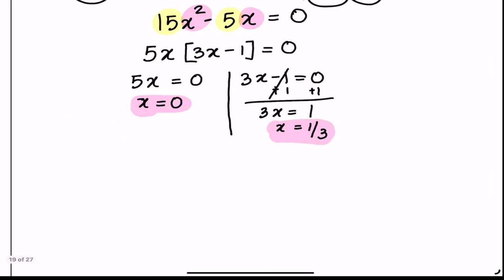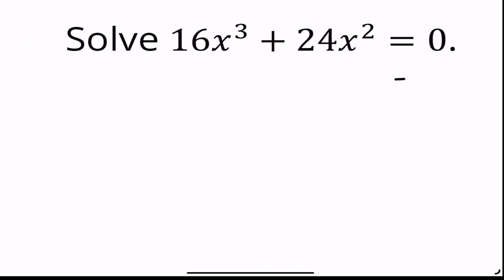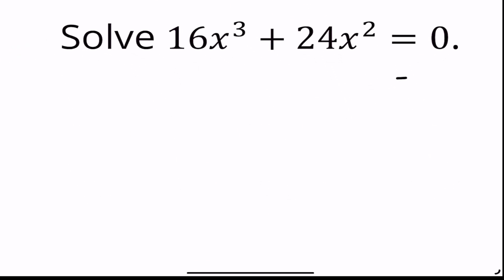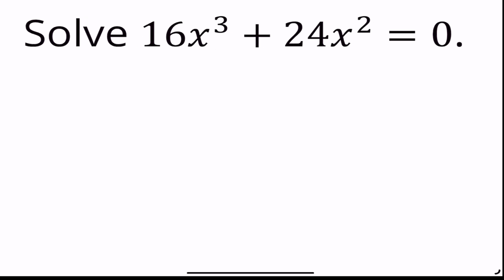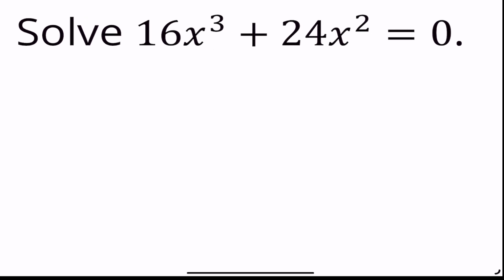All right, now let's take a look at the next one. Here I have 16x cubed plus 24x squared is equal to 0. And again, in my mind, I'm thinking, what can I factor from 16 and 24? What can I factor from x cubed and x squared? From 16 and 24, I know I can factor out 8.